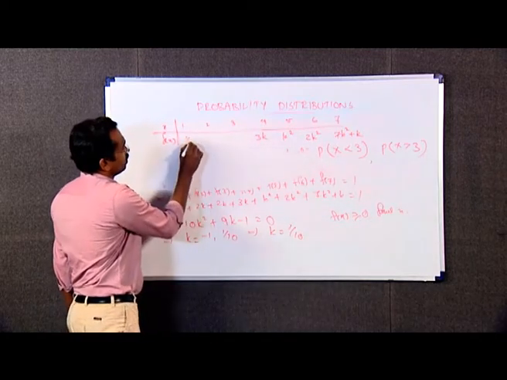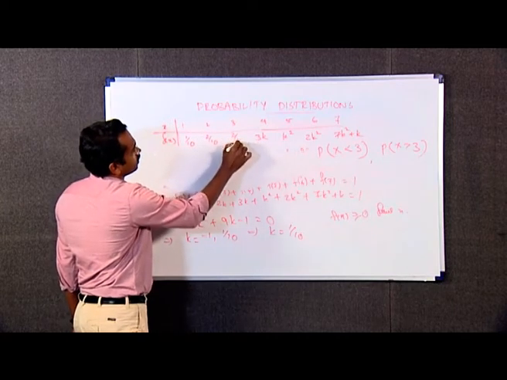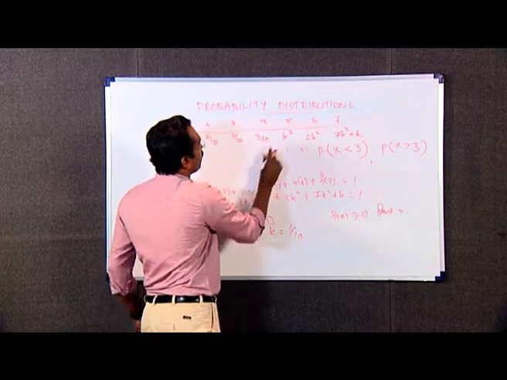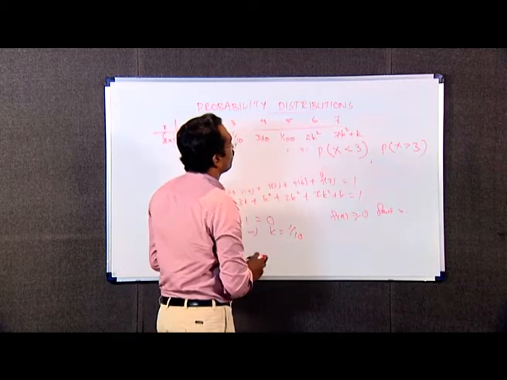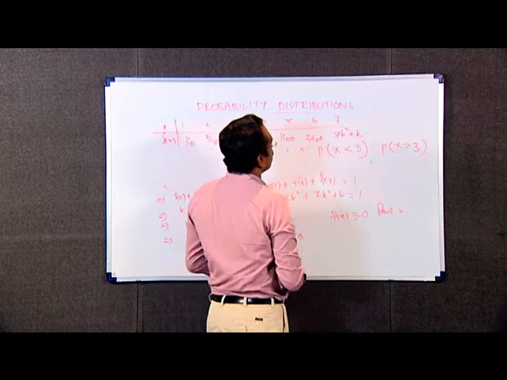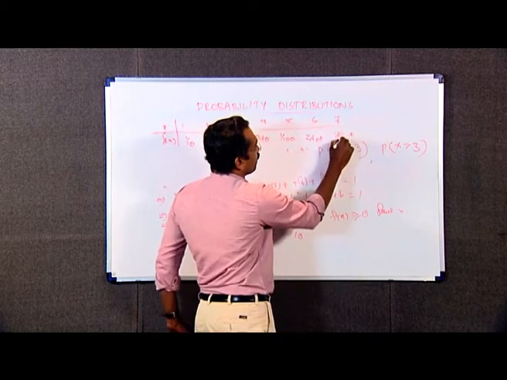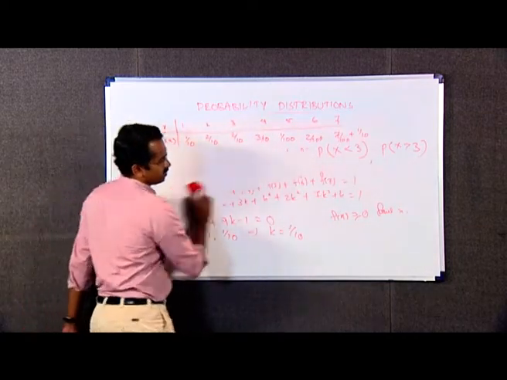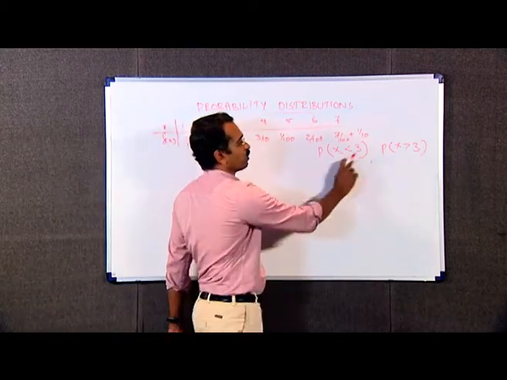Here 1 by 10, 2k means 2 by 10, this also 2 by 10, this is 3 by 10, here 1 by 100, here 2 by 100, 7 by 100 plus 1 by 10. Now, we can evaluate these two probabilities.